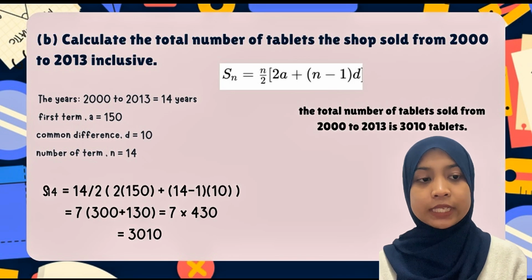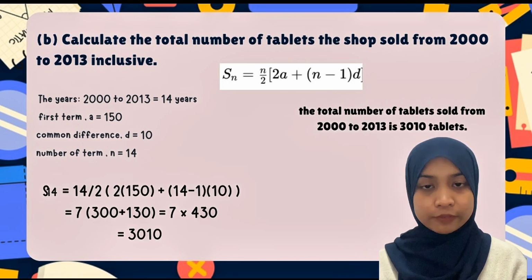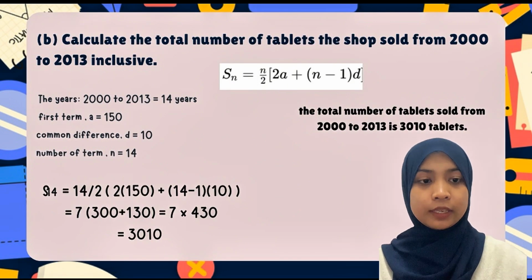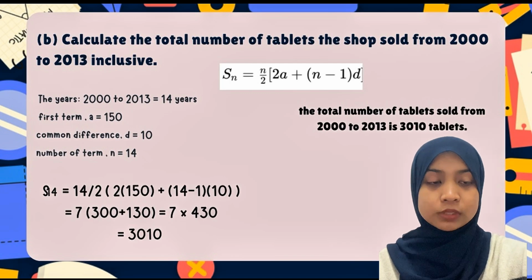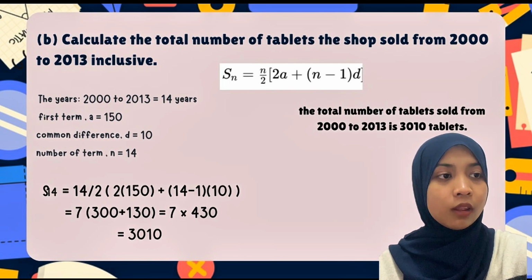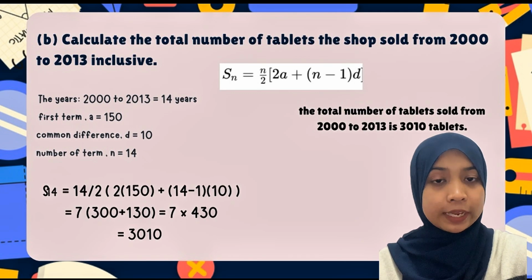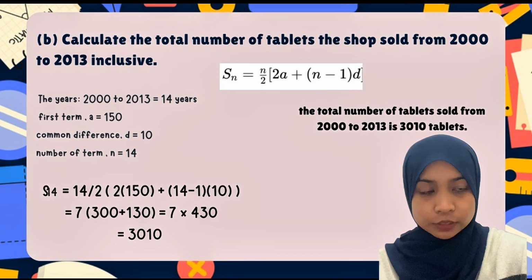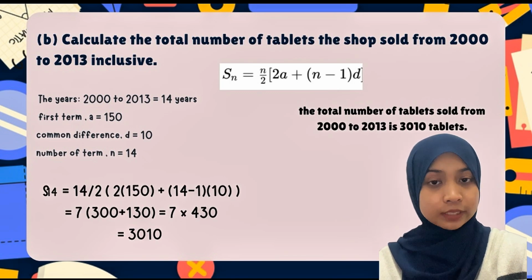So the equation is S14 equals 7 times (300 plus 130), and adding the values inside the bracket gives S14 equals 7 times 430. Finally, calculating this, we get 3010. Therefore, the shop sold a total of 3010 tablets from the year 2000 to 2013 inclusive.